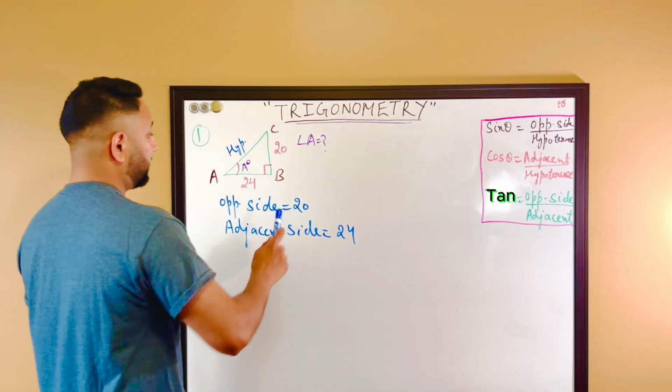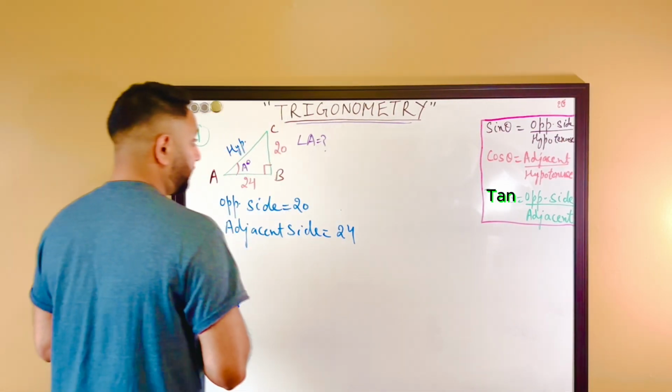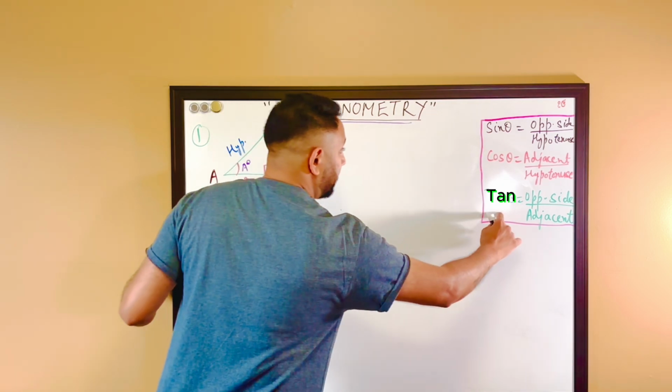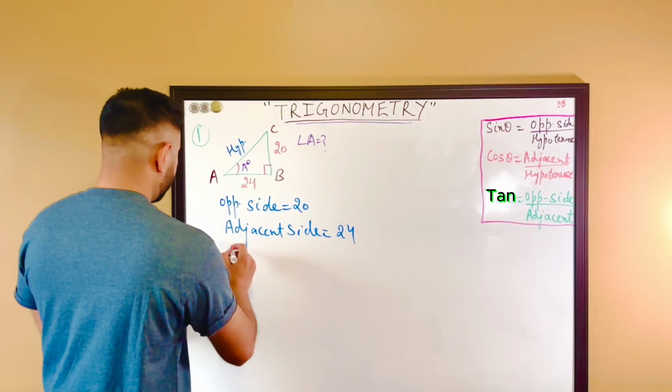So we are given the opposite side and the adjacent side, so we're going to use this formula, like tan theta is equal to opposite side over adjacent side.